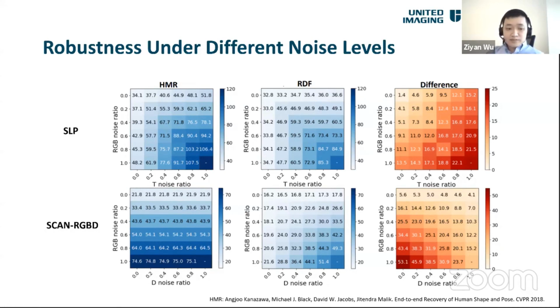We can see that for both HMR and our RDF model, the performance goes down as the noise level increases, which is as expected. However, the degradation is much less for RDF compared to HMR. This suggests that the proposed RDF model has better robustness with respect to noise, and this demonstrates a very important practical aspect for robust system deployment in the real world.